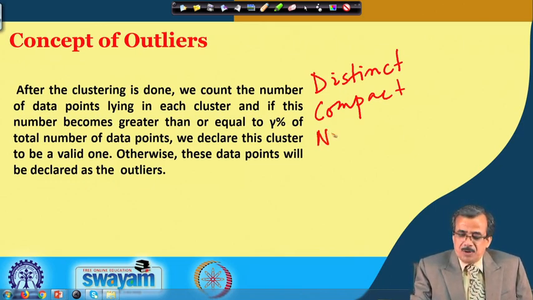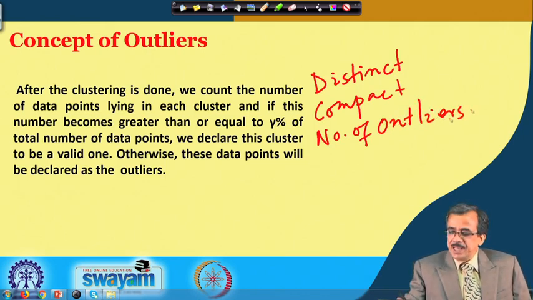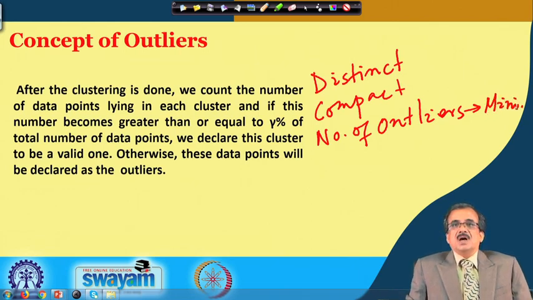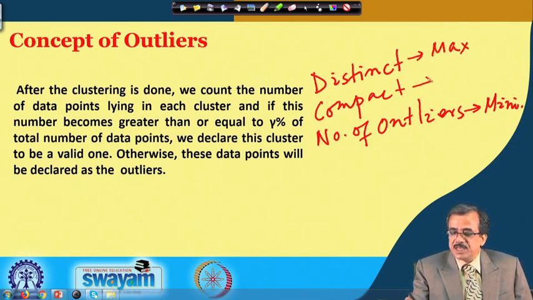So, the number of outliers should be as minimum as possible. Our aim is to minimize the number of outliers, and in the ideal condition the number of outliers should be equal to 0, and our aim is to maximize the distinctness, and to maximize the compactness also.